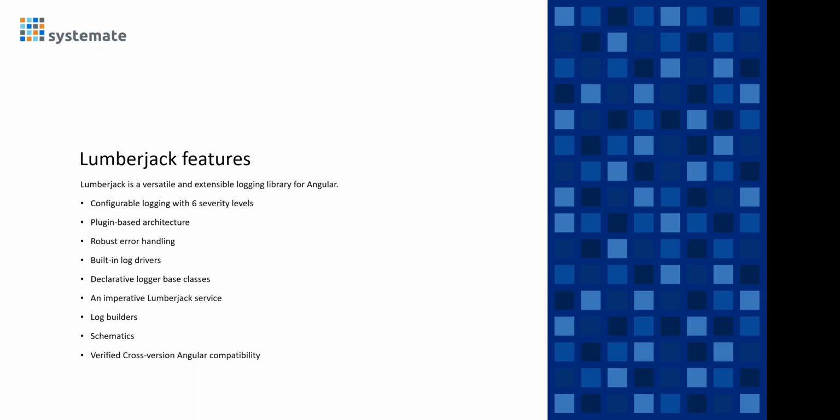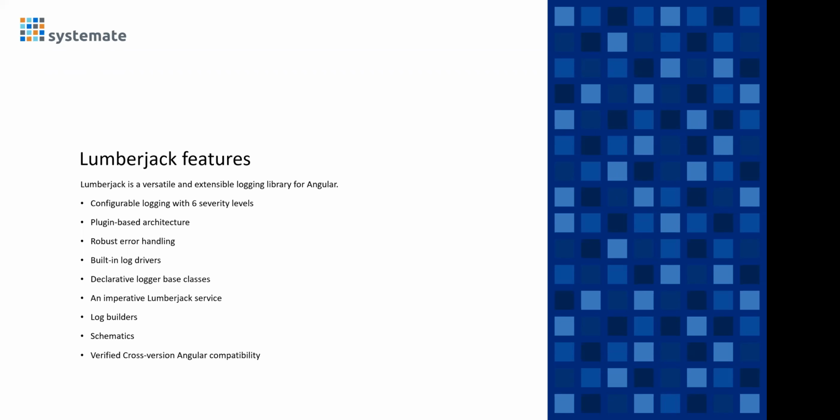Lumberjack comes with 2 built-in log drivers, one for the browser console and one for an HTTP log driver, which is a simple HTTP implementation. It sends 1 log object per HTTP request to an endpoint in your backend that has to accept a request following our TypeScript interface.